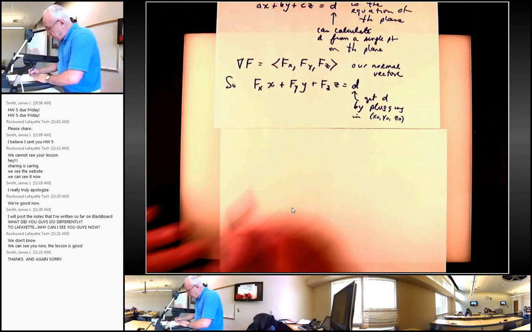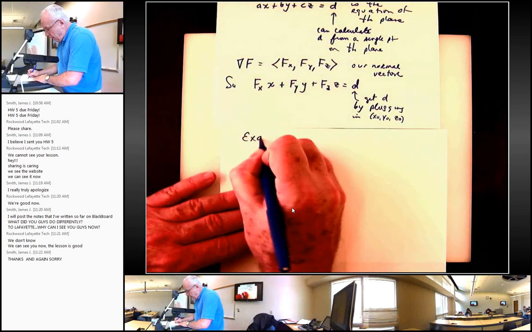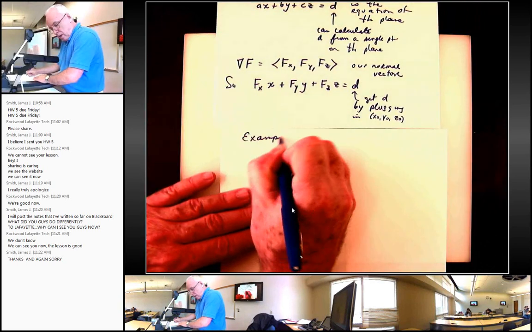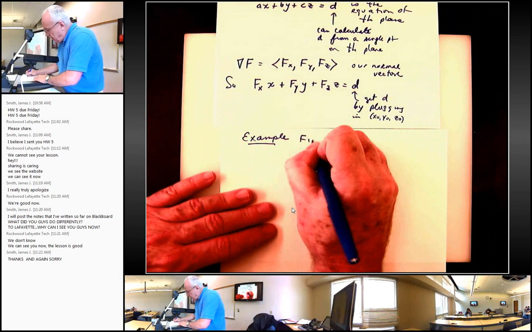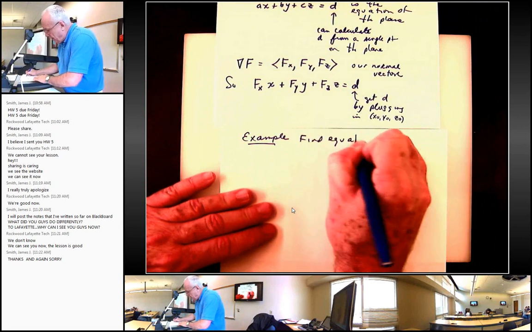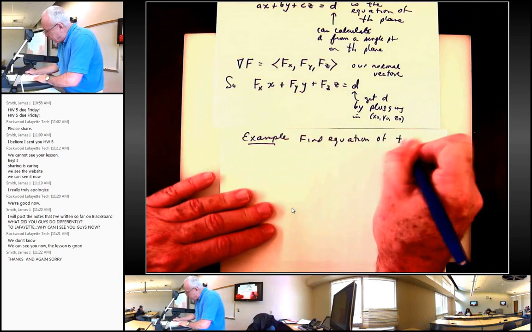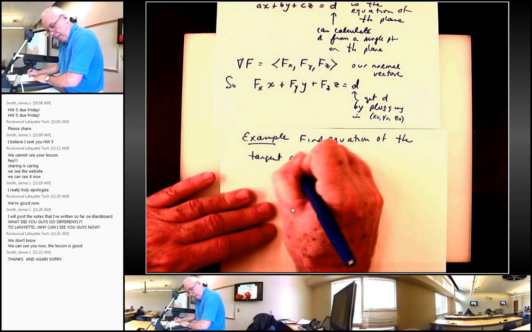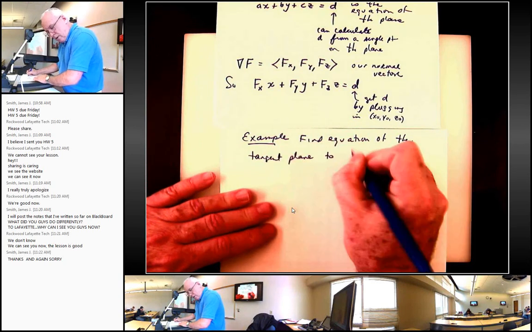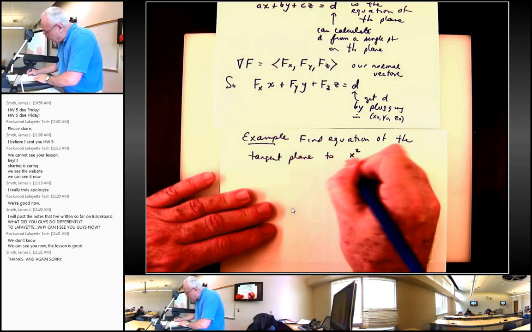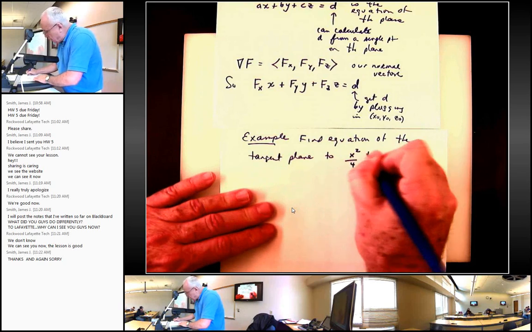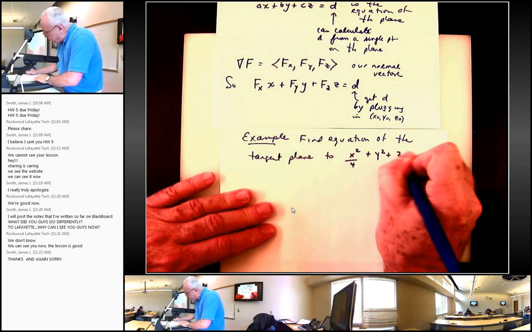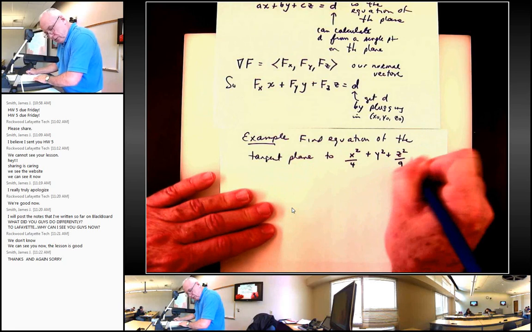All right, example. Find the equation of the tangent plane, and here's our surface, x squared over 4 plus y squared plus z squared over 9 equals 3.